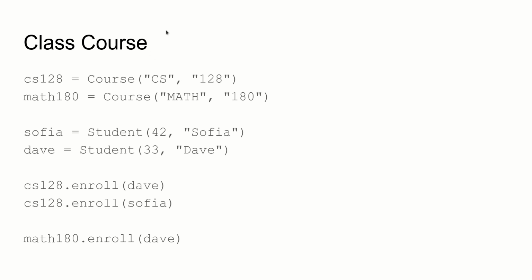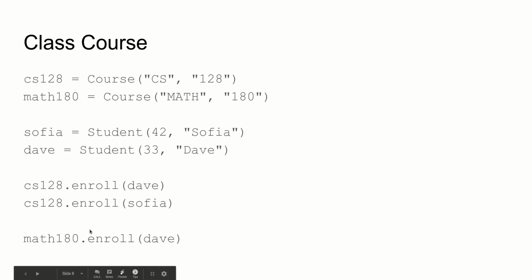That means that they have a department, a number, and a roster. At this point, both of their rosters are empty, but they are two separate empty lists. Then I create two students, Sophia and Dave, with different ID numbers and different names. We're going to enroll both Dave and Sophia in CS 128. So now the CS 128 roster contains two students, Dave and Sophia.